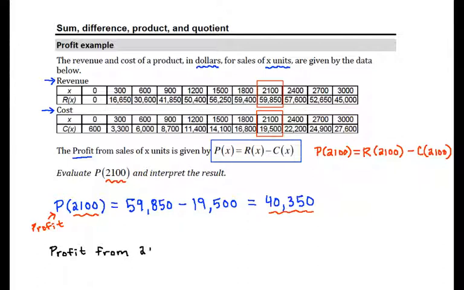So we'll say 2100 units. Next, we're at the equal sign, which generally translates into a form of the verb to be. Is usually safe. Is, was, were, are, am. And our profit is measured in dollars, so we'll go ahead and just put a dollar sign on this 40,350.